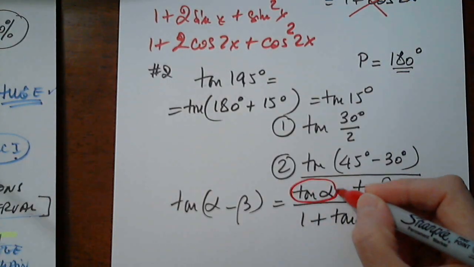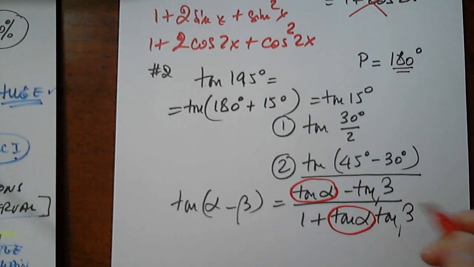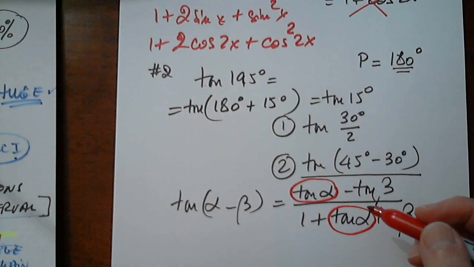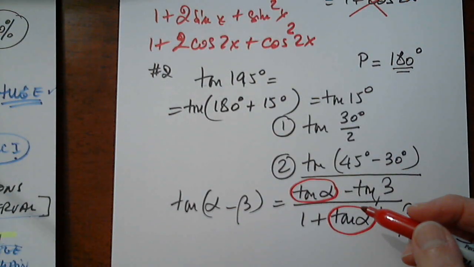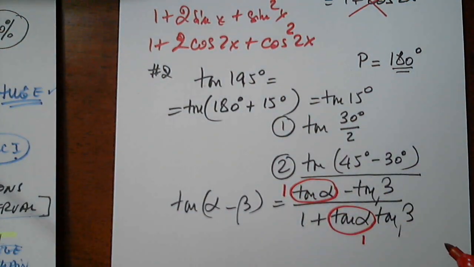Anyone remember tangent 45? It's the only angle for which sine and cosine are identical. So then tangent must be, is it 1? Exactly. Thank you very much.